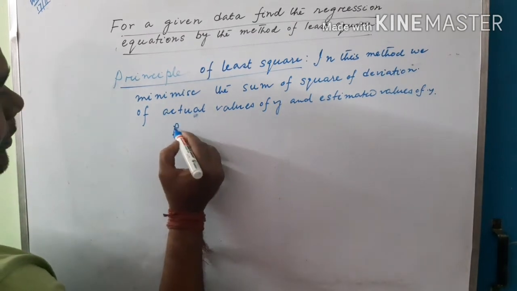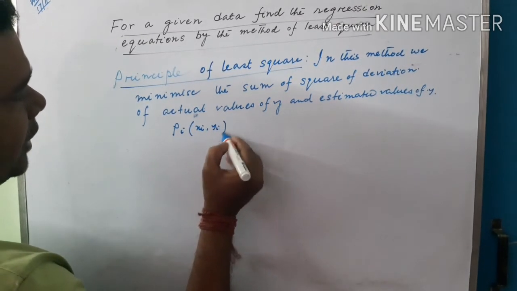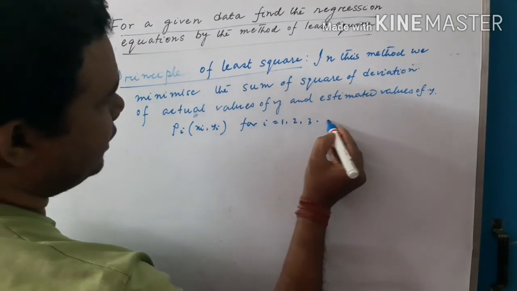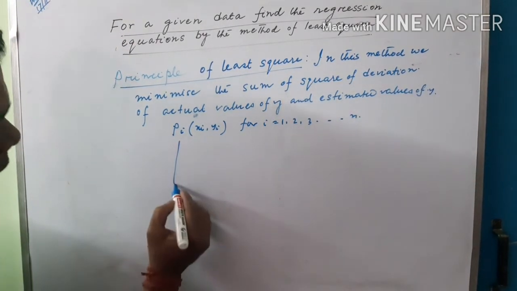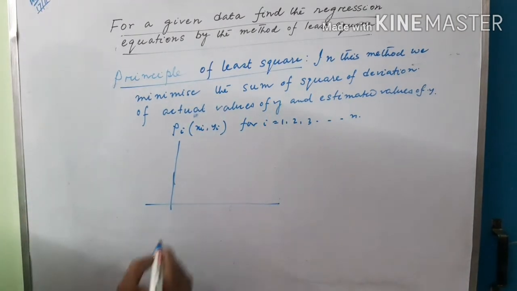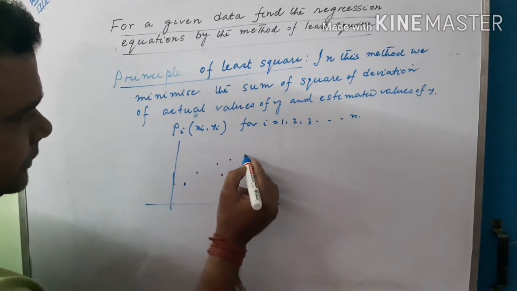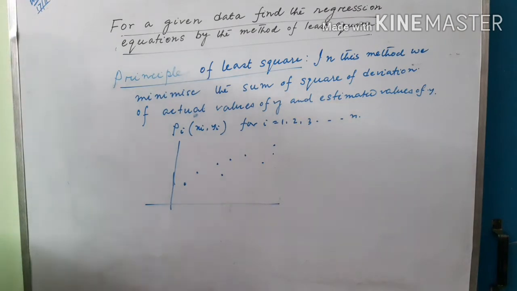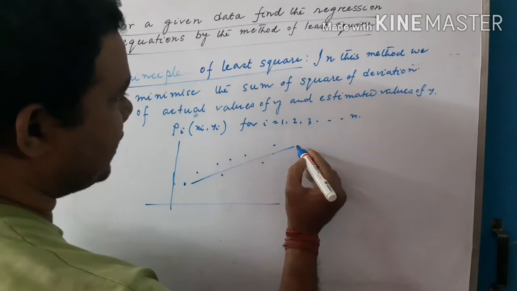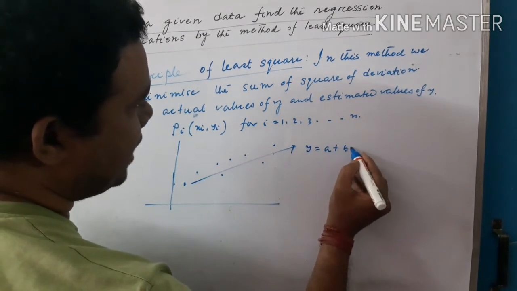So we take Pi equal to (xi, yi) as a general point for i equals 1, 2, 3, ..., n, and we plot them on a two-dimensional graph. Like this, we are plotting the points, and through the plotted points, let us suppose we have drawn this straight line whose equation is y equals a plus bx.